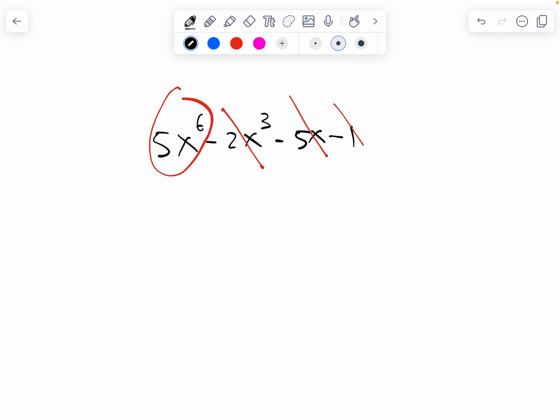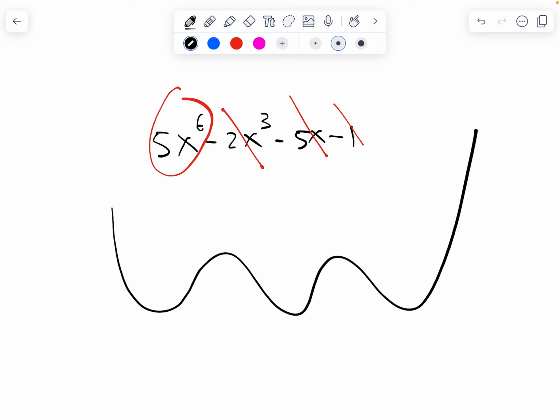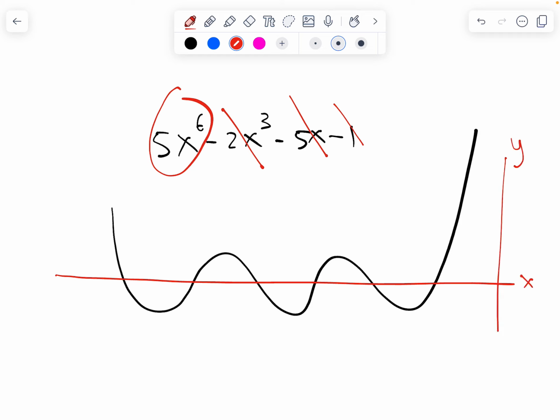Now, extrema, what does that look like? Well, first of all, let's think of what a 6-degree polynomial might look like. It could go like this, this, this, this, and back up again. And if this was my x-axis, then it could look like that. Let's just put a little y-axis here. Now, of course, the graph might not look like this. This is the most number of extremes, meaning highs and lows, and the most number of intercepts drawn this way.